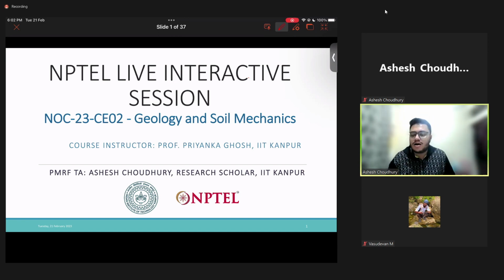One is the Indian soil classification system, the other is the ASTM soil classification system, and the third is the USCS soil classification system. We mostly focused on the Indian soil classification system. We learned the various steps on how we can classify different types of soil based on the Indian Standard soil classification system.